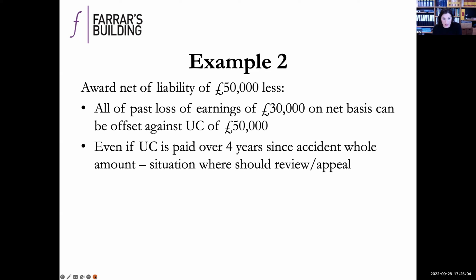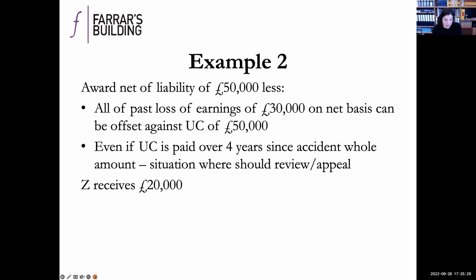Even as I say there, if the universal credit is paid over 4 years since the accident, the whole amount can be offset. So even where you've only got this 2-year acceleration period, if the certificate hasn't been reviewed and you've settled, then the whole amount can be offset.